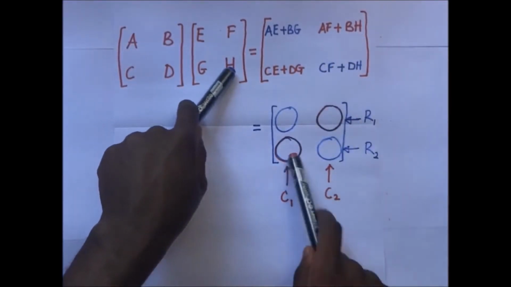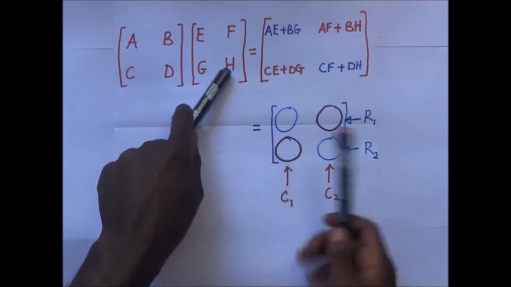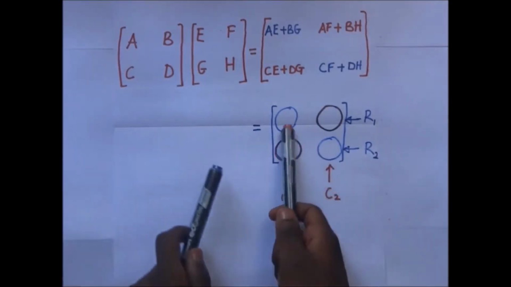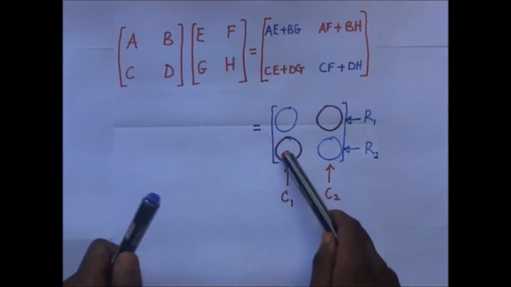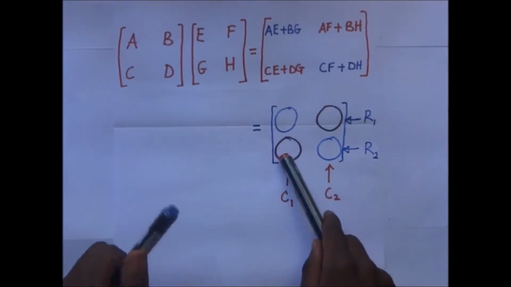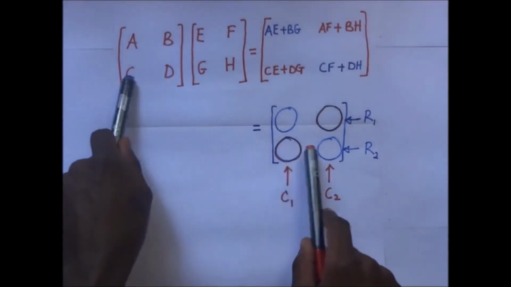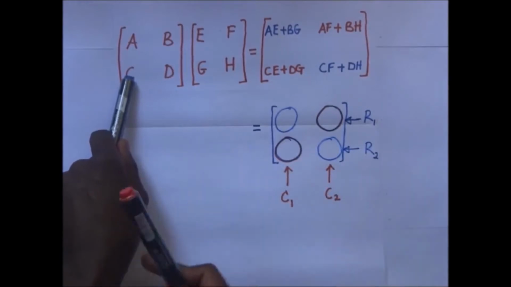Likewise, look at this position. This position is in the bottom row, on the left hand side column. So for us to be able to get this answer, we are supposed to use the bottom row to multiply by the column on the left hand side.